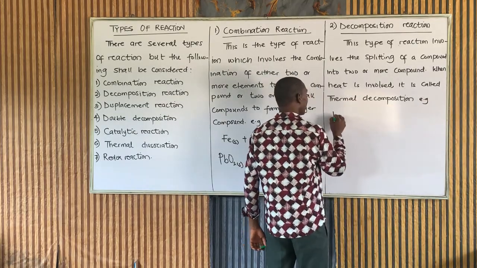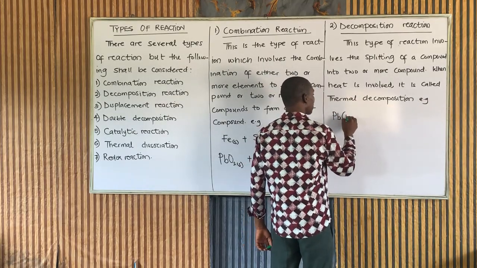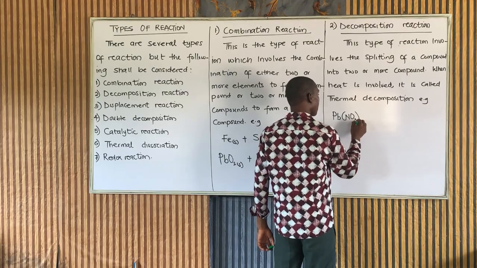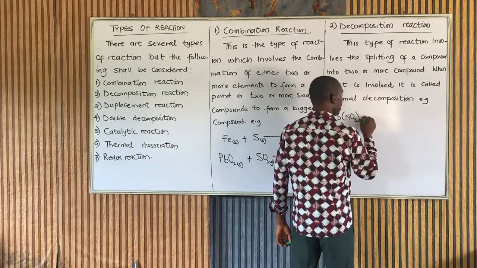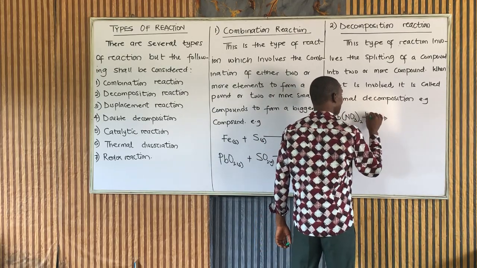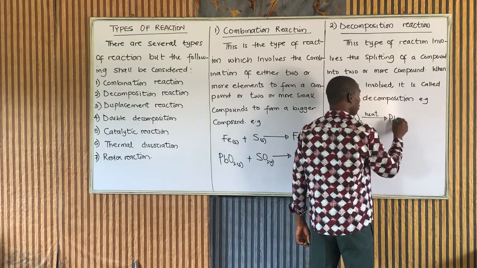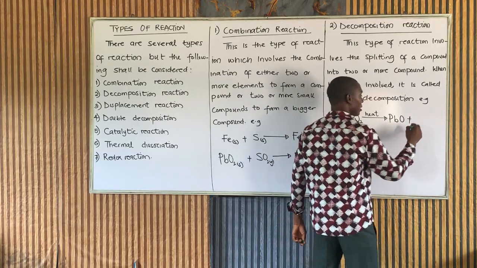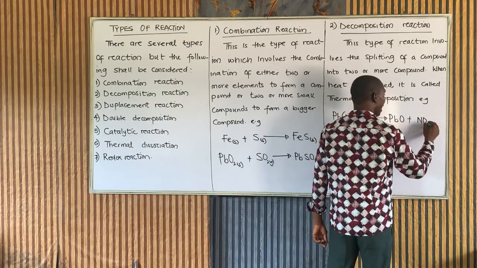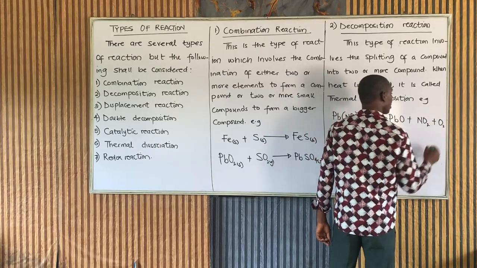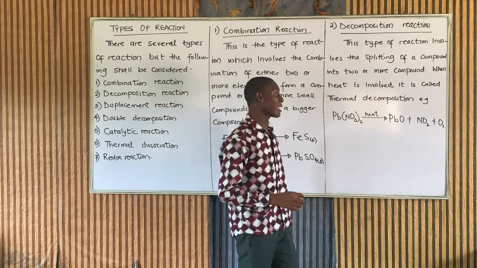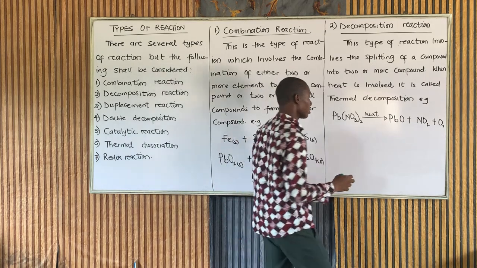Let's assume we have lead 2 trioxonitrate 5, and when this is heated, this breaks down into lead 2 oxide plus nitrogen 4 oxide and then plus oxygen. Then we balance the reaction.